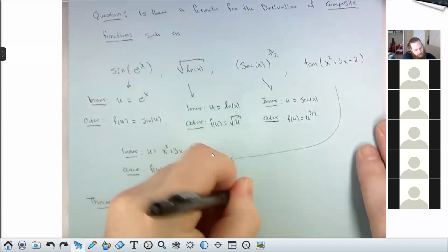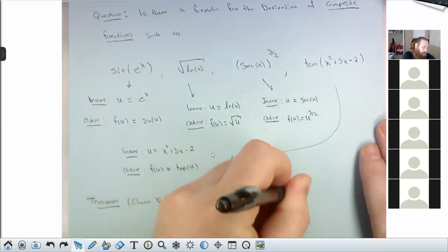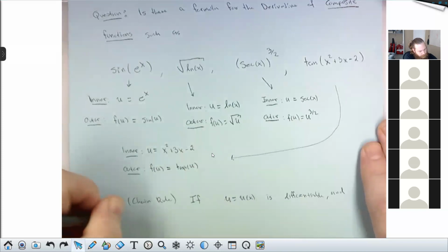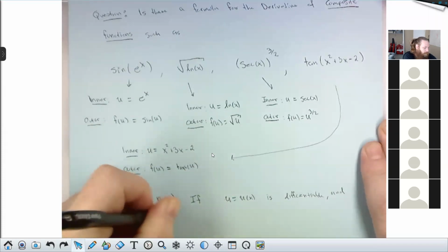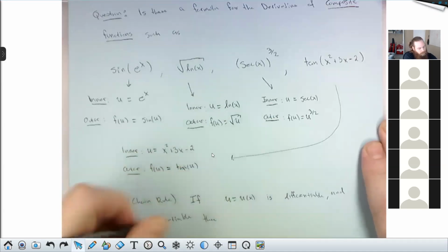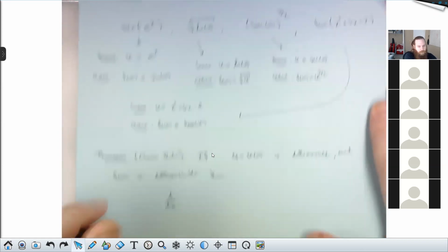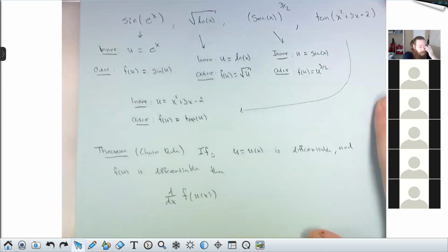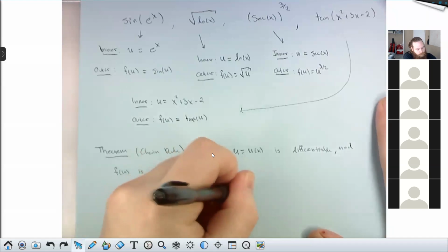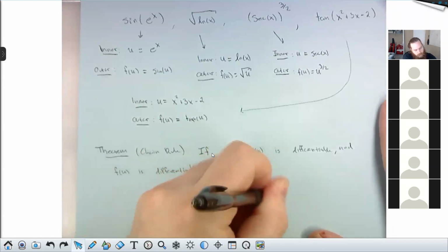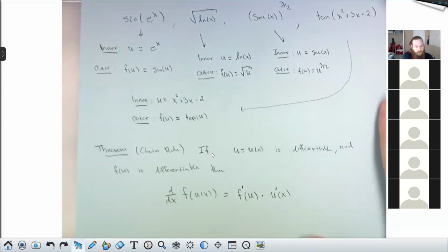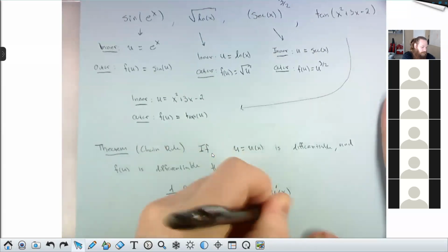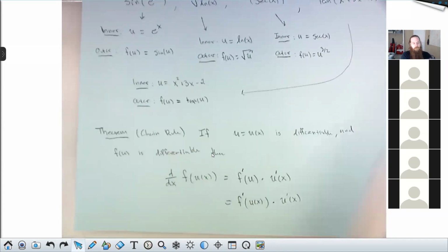If u equals u of x is differentiable, and f of u is differentiable, then the derivative taken with respect to x of f of u of x, so f is your outer, u is your inner, and x is the variable, is going to be equal to f primed of u times u primed of x, which you could also think of as f primed of u of x times u primed of x. The bottom way would be the way I'd write it. The book writes it the top way.